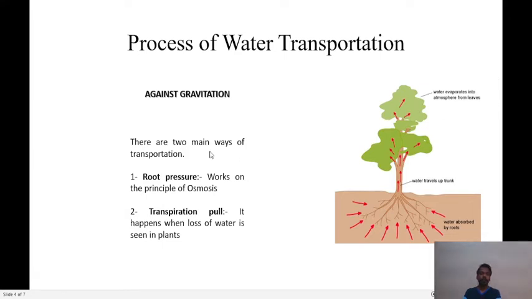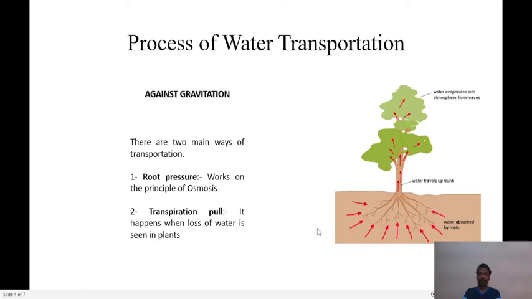So basically, for a short distance of movement, diffusion can easily take place. But for a long travel, we need the xylem tissue to perform its function. With the help of root pressure, the root will uptake the ions. When it takes up the ions, there will be a difference in concentration.